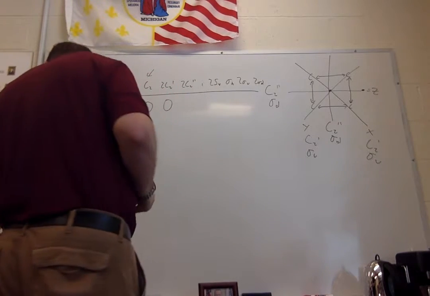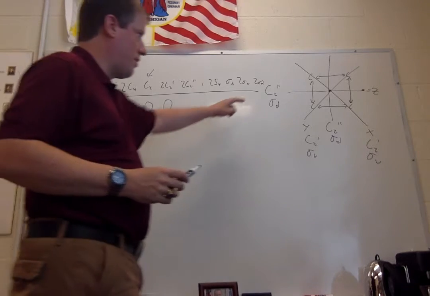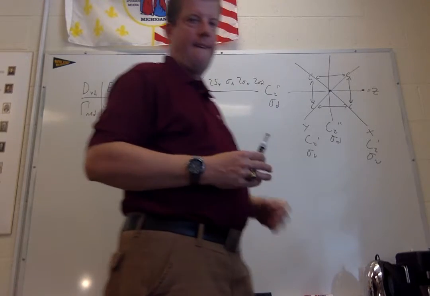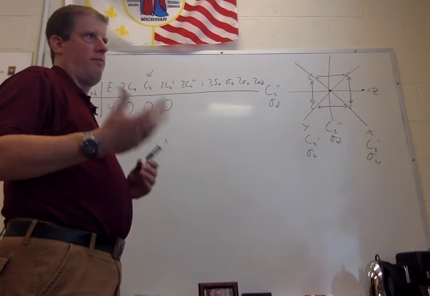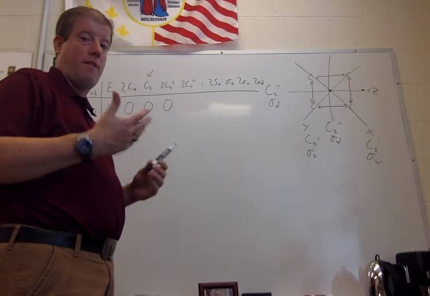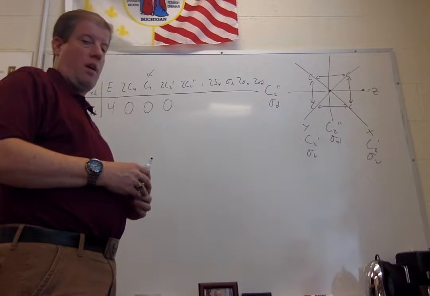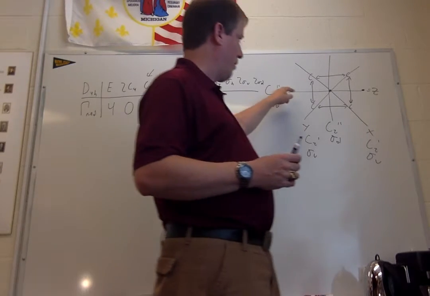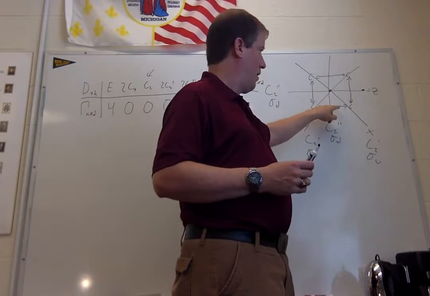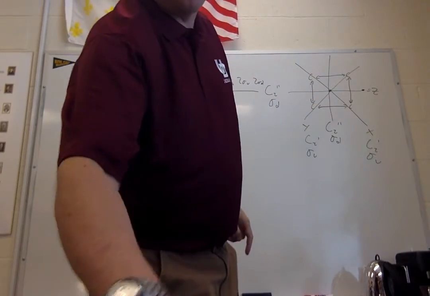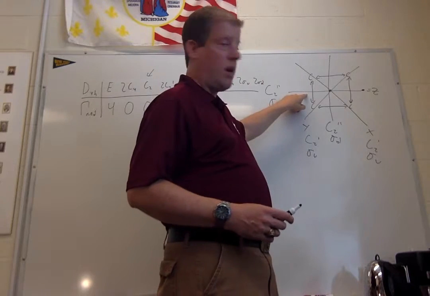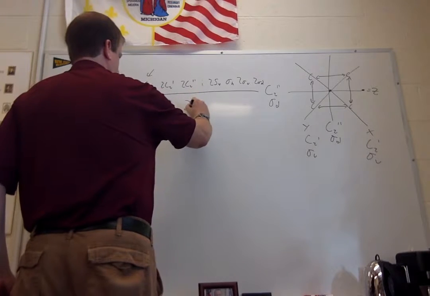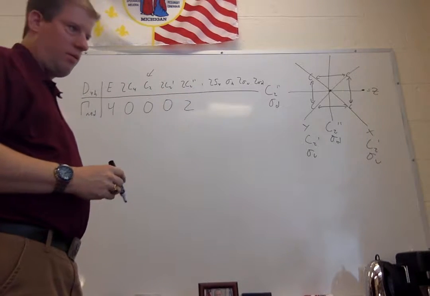But if I move over to these C2 double primes, that bisects this vector and that vector. Now we are not considering any type of wave function or anything with this. It's just a vector. What happens if I rotate about either of those C2 double primes? Well, let's take this one, for example. That's horizontal. This vector at the bottom and the vector at the top here will switch places, but the left and the right ones remain where they were. So we have a 2 for that character.